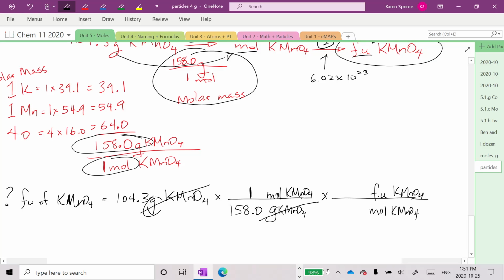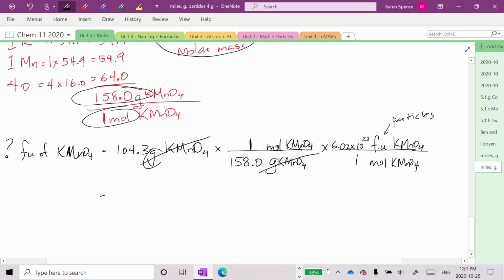And when I'm converting between particles and moles, that's 6.02 times 10 to the 23. Remember, I can either have that or I can have the moles. So the 6.02 times 10 to the 23 has to go on the top, and that's per 1 mole. Let's crunch that into our calculator.